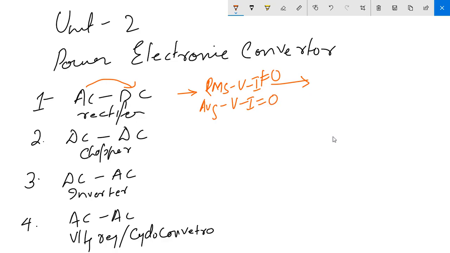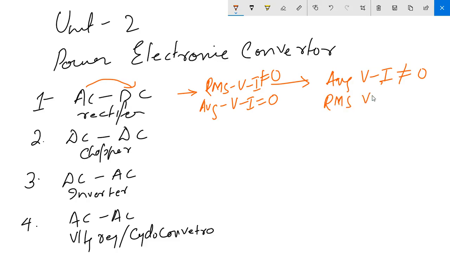For a DC waveform, the average value of voltage and current will not be equal to 0, and that does not mean the RMS value will be 0. RMS will be there.